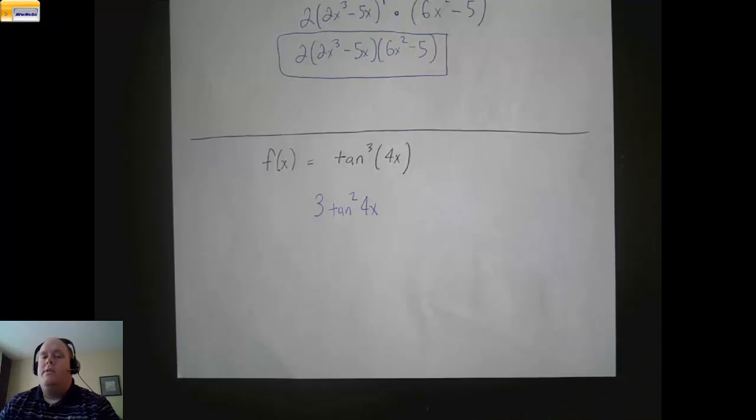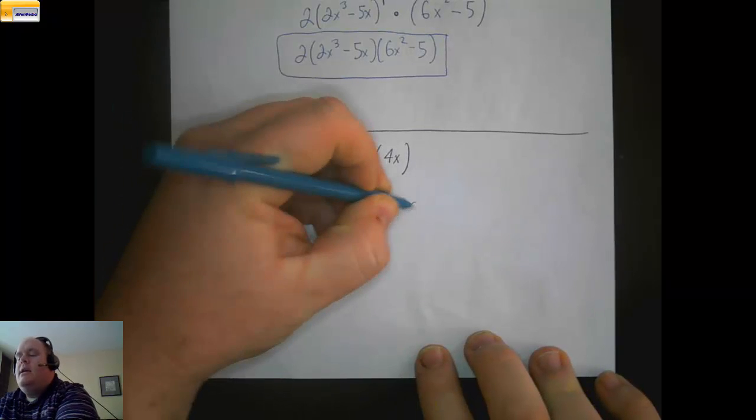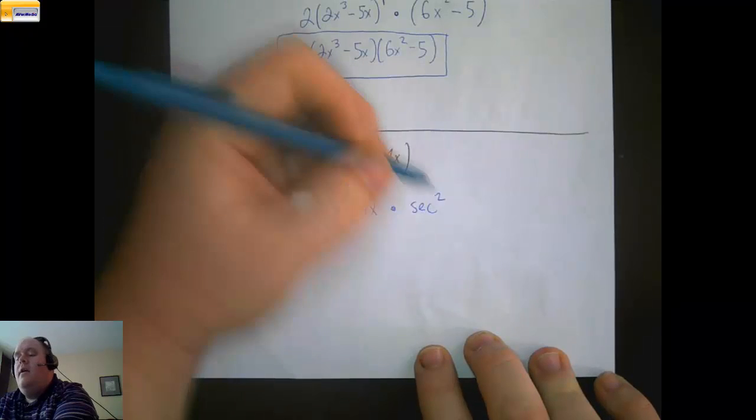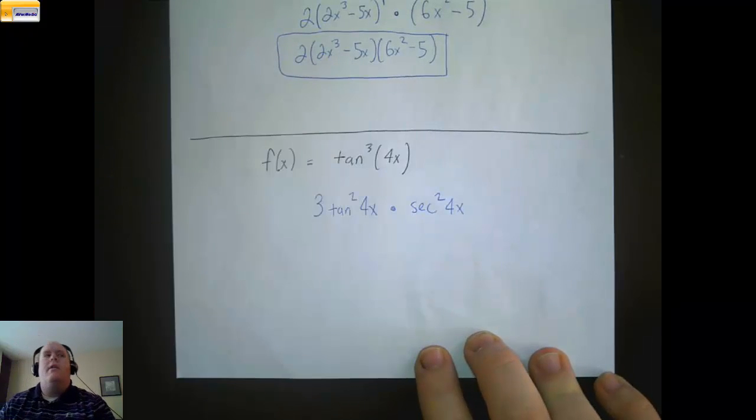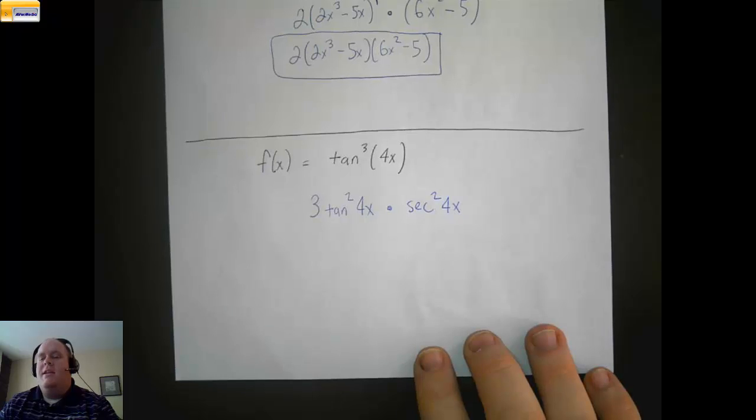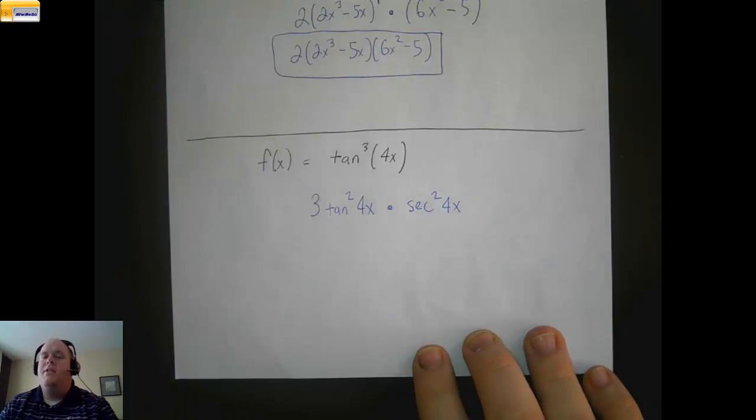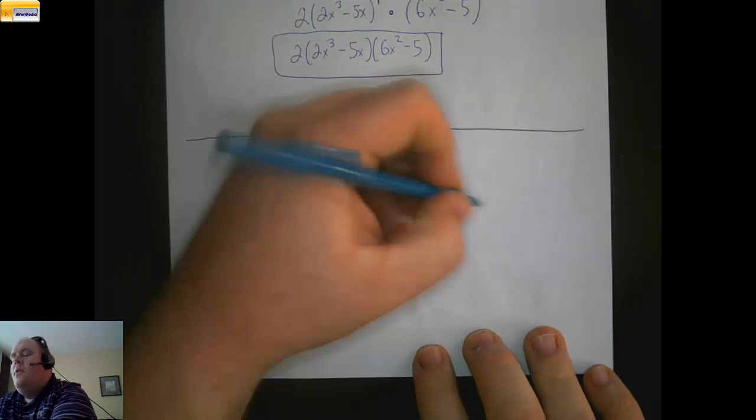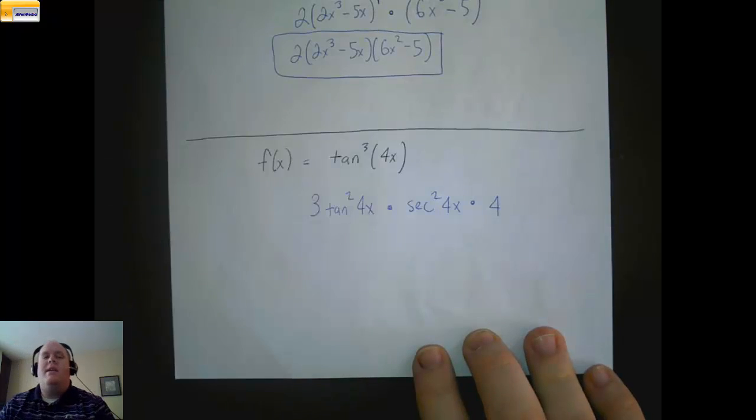So what is the derivative of tangent? Well, that's secant squared. So we're going to multiply it by secant squared of 4x. The only thing we haven't done here, though, is the inside function here is 4x. The derivative of 4x is 4. So that's everything I need to multiply together if I want to find the derivative correctly.